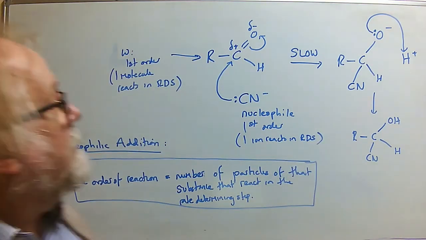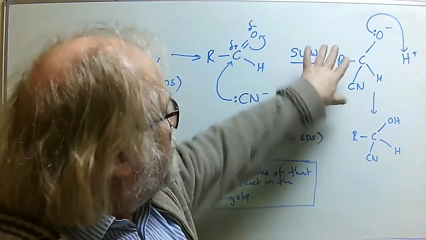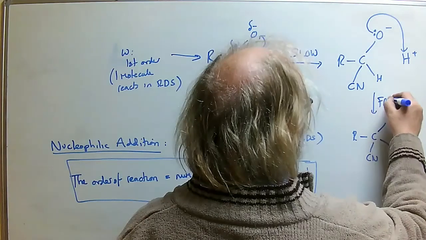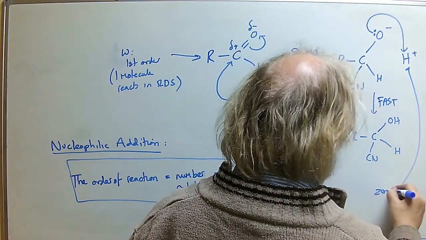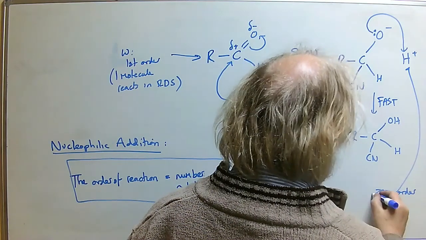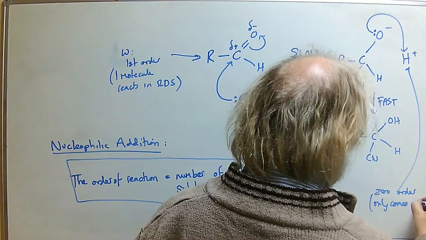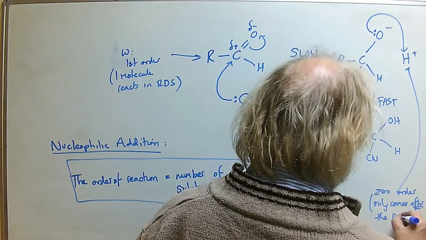H+ only comes in the second step. So the rate determining step is over and done with, and then the H+ comes in the fast step, and so that will be zero order. So it only comes in after the rate determining step.